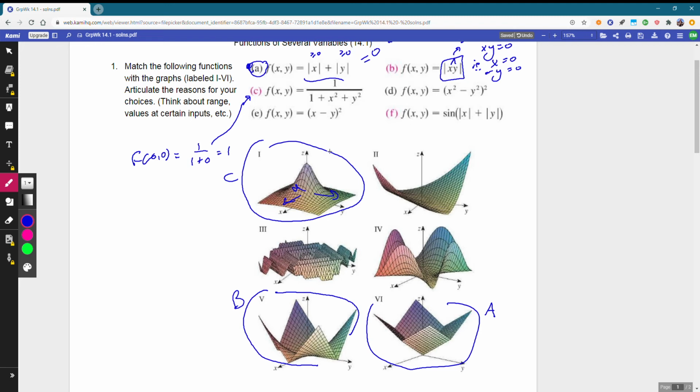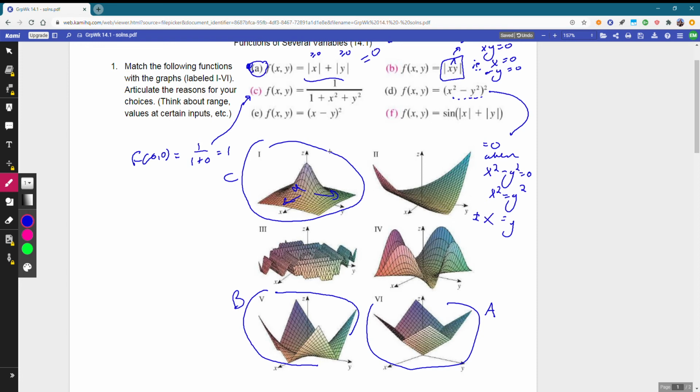Function D, polynomial. Nice question here is, when is this thing equal to 0? Well, this thing's going to be 0 when what's being squared is 0. Actually, if we work this out, x squared equals y squared. If we take the square root of both sides, we can get y is plus or minus the square root of x squared.